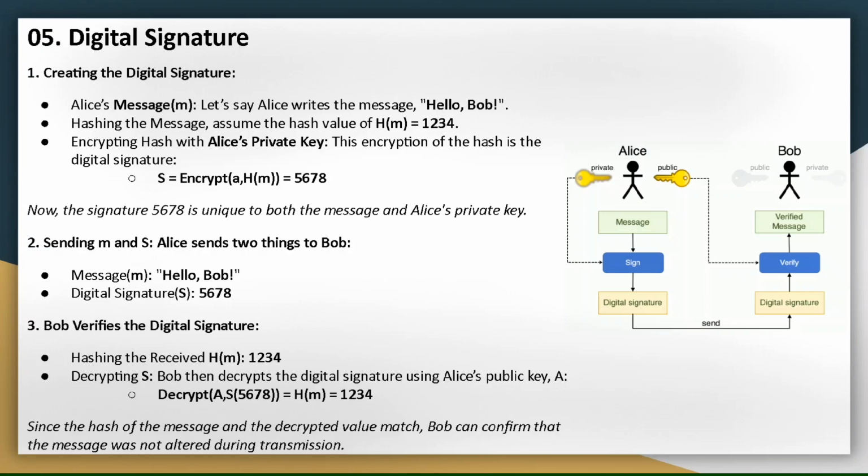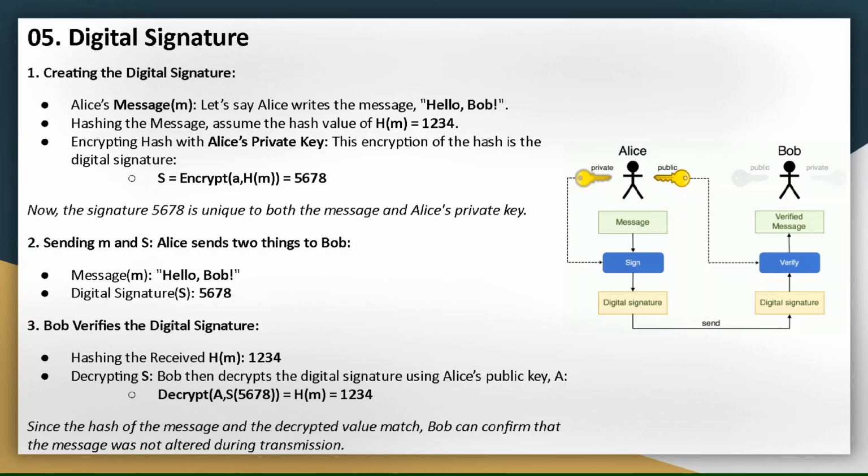For example, if someone tampered with the message in between on the network, we get to know when we match the hash after decrypting the signature. If the hash doesn't match, the message has been tampered with. If the hash matches, the message is completely untampered and verifiable. It can only be decrypted using Alice's public key, and since it is encrypted with Alice's private key, that says the message is coming from a verified and valid user.